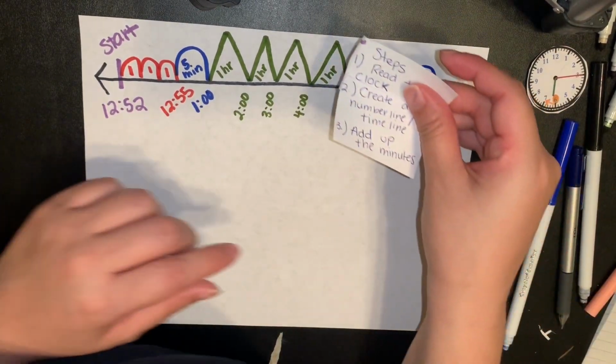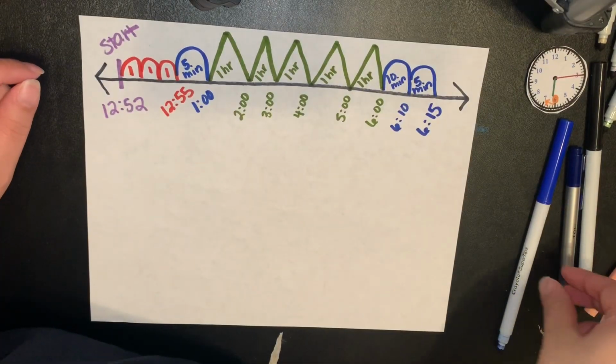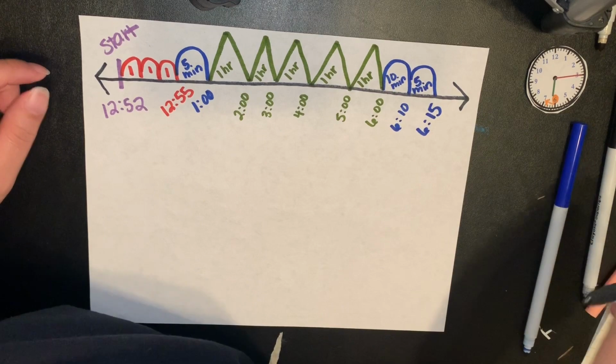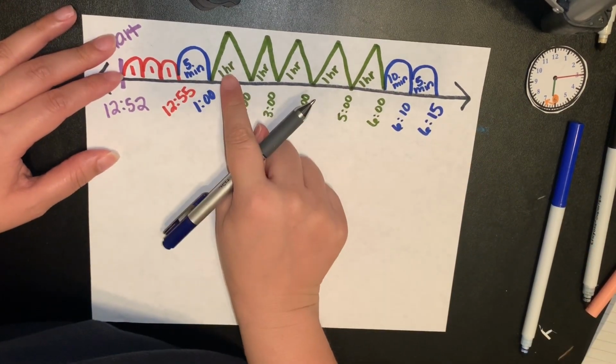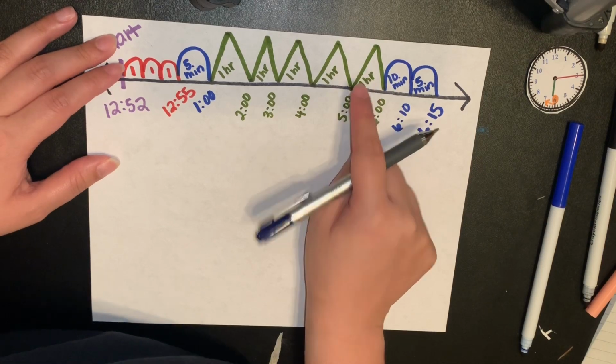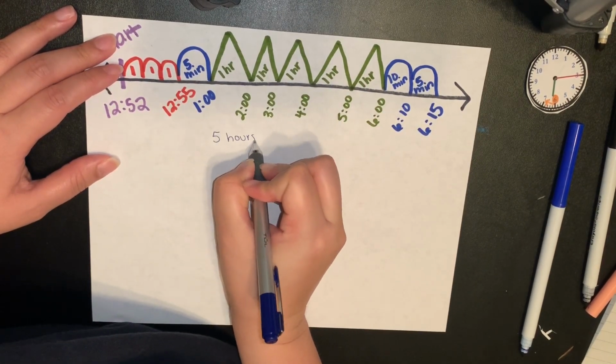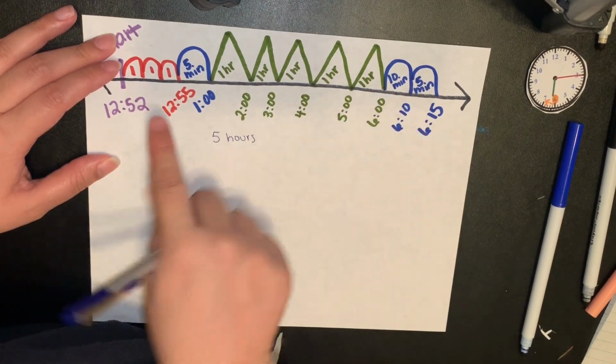Now step 3 is to add up all the minutes. All right, so I always start with the hours. 1, 2, 3, 4, 5. I know 5 hours has passed since the beginning.